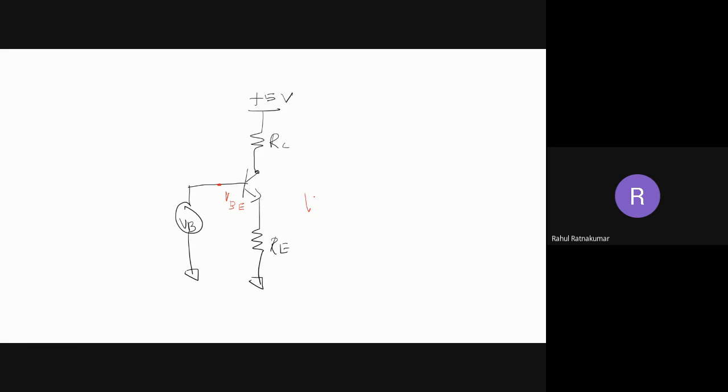Here the idea is VB equals base emitter voltage plus IE RE, right? We can simplify this approximately without much error: VBE plus IC RE, right? I think this much is clear.